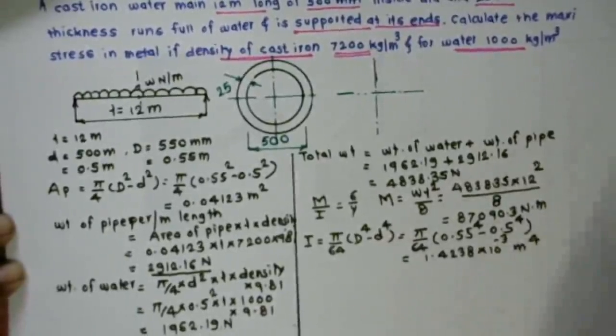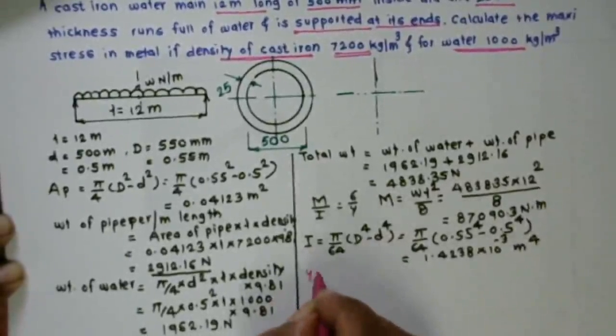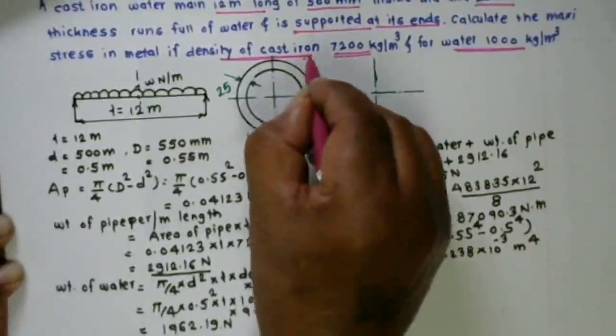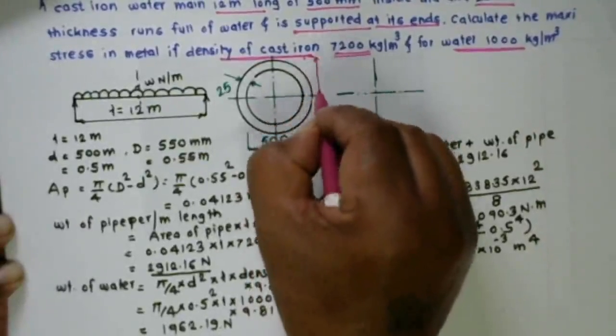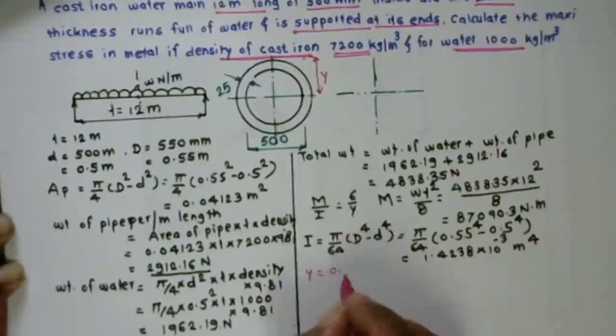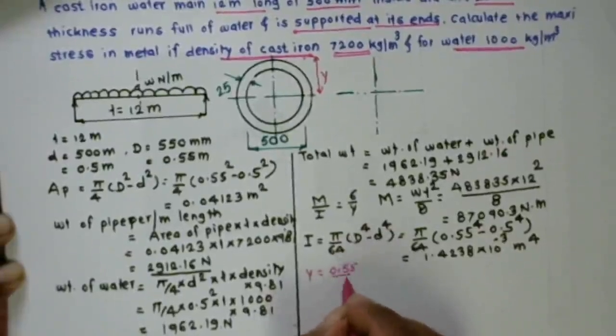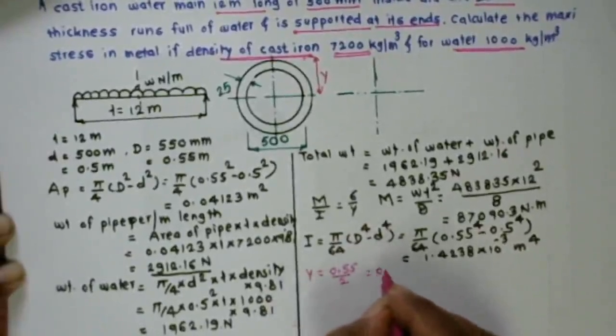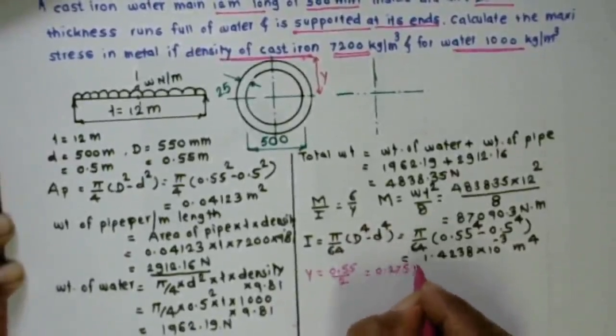And here y is the distance from neutral axis to outer fiber, so y is equal to 0.55 by 2. So this becomes 0.275 meter.